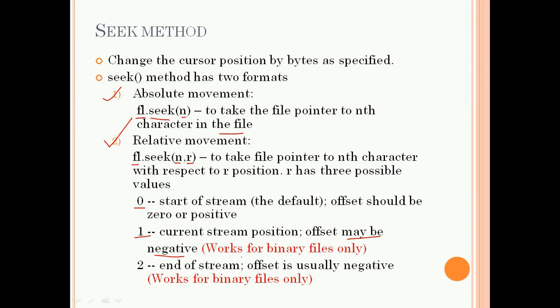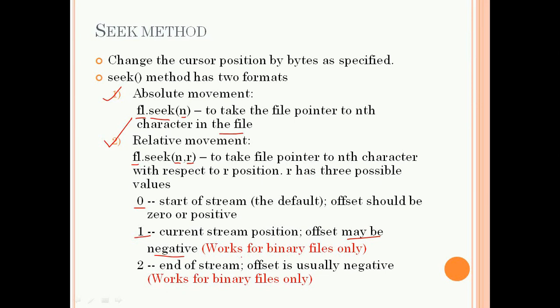In this case, if the value of n is -5 and the current position of the file pointer is 20, that means the file pointer will move backward 5 bytes from the current position. The current position is 20 and we have to add -5 with 20, so the file pointer will move to the 15th position.